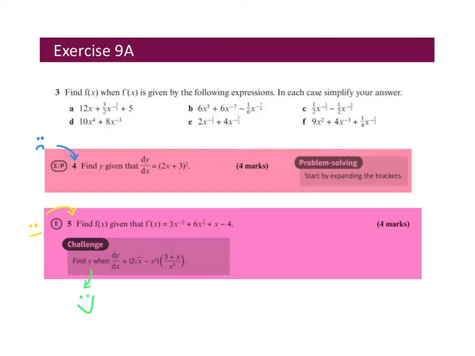Now, just a hint, step 1, make sure that your dy by dx, your gradient function, is in the form where each term is base x. So you can see all of these in question 3, all of them are in base x. So now you need to rearrange these to make sure they're in base x. 5 is actually in base x, so that's really easy. I really want everyone to be doing the challenge, but let's see.